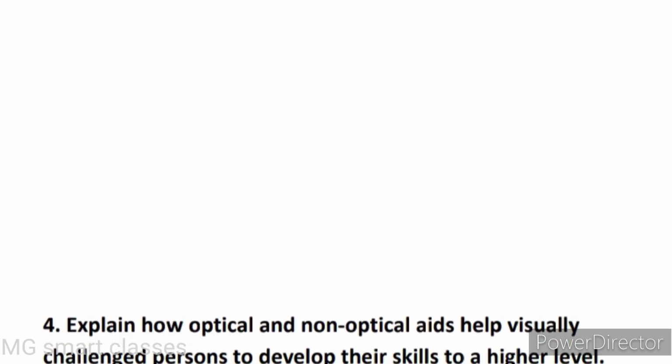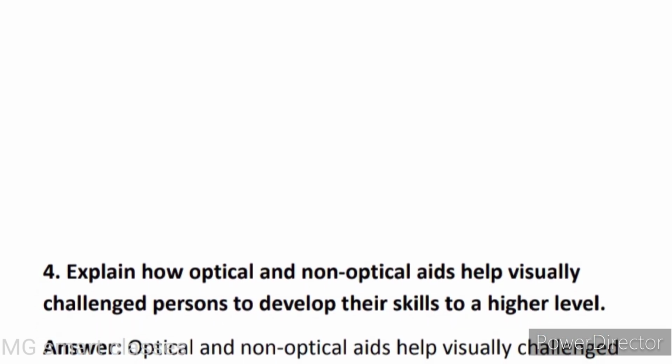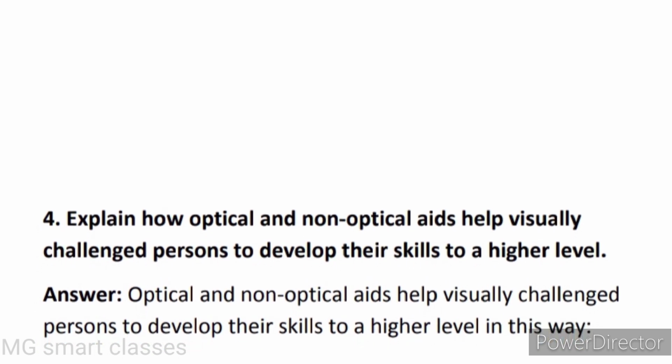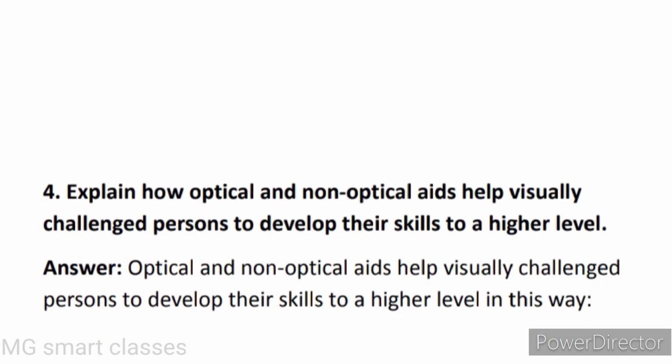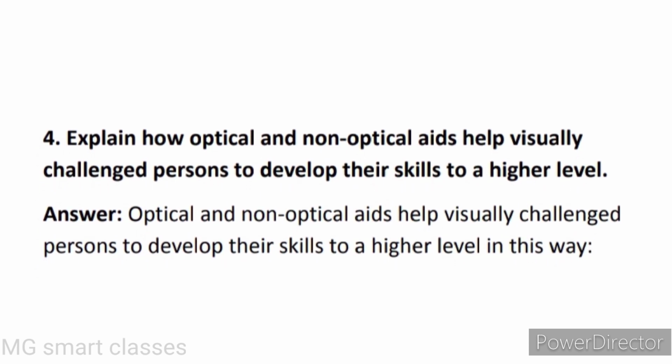Question number 4. Explain how optical and non-optical aids help visually challenged persons to develop their skills to a higher level. Optical and non-optical aids help visually challenged persons to develop their skills to a higher level in this way.